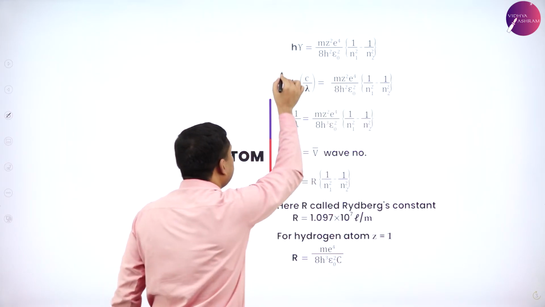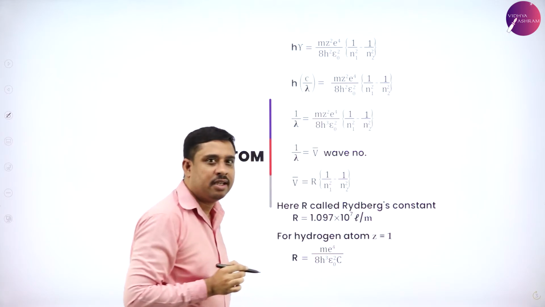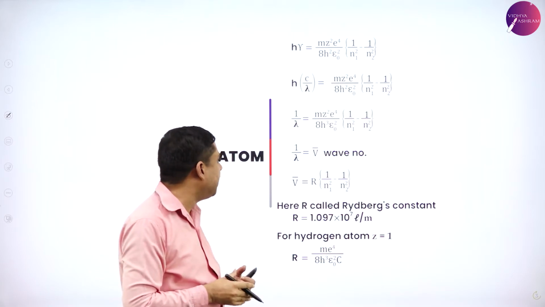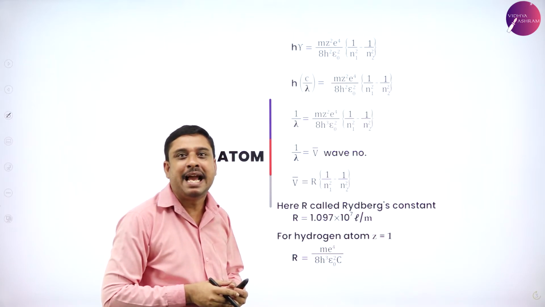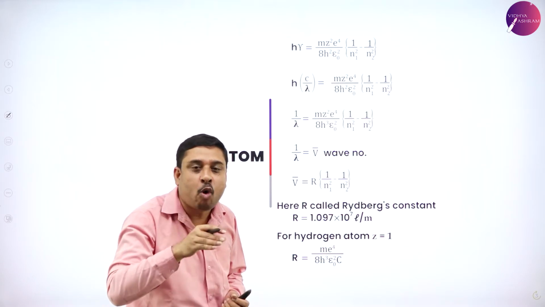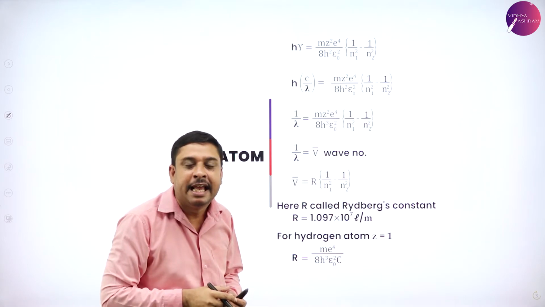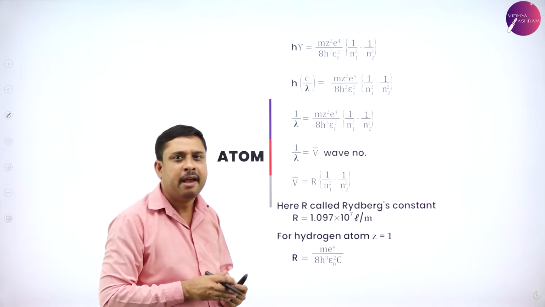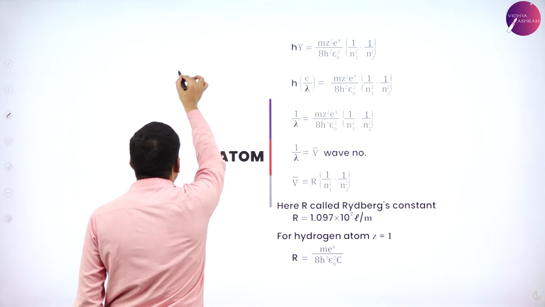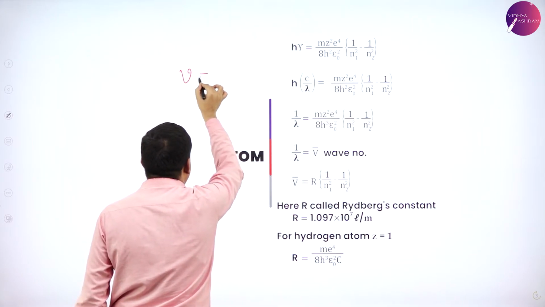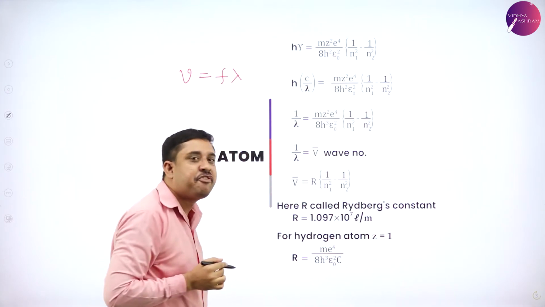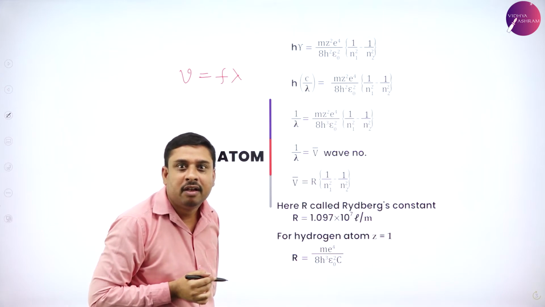Now, I want the wavelength term to come into the picture, because very clearly I told you the reciprocal of wavelength is called wave number. For a wave, we usually write v equals f lambda.